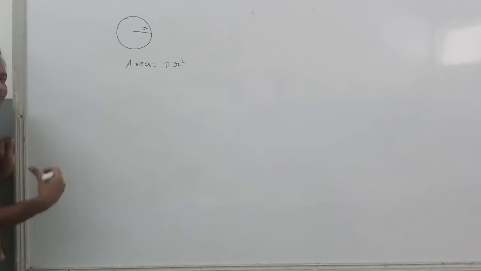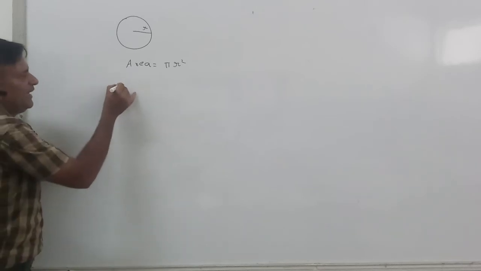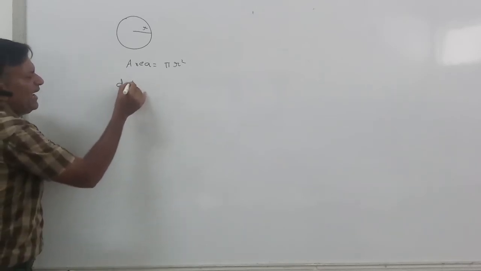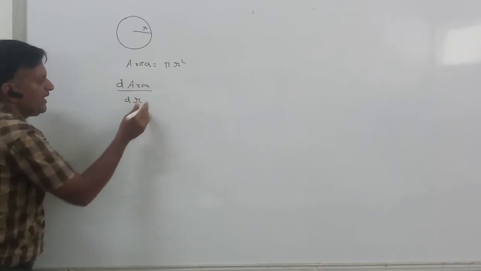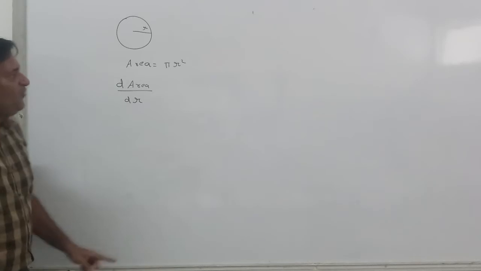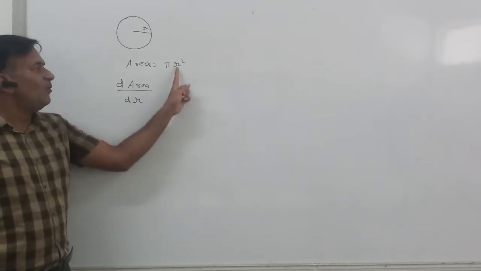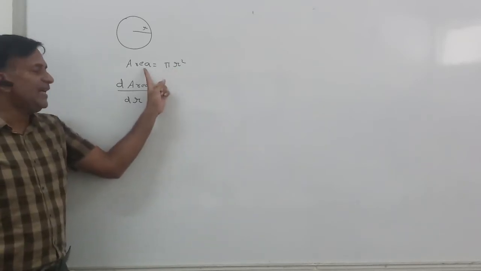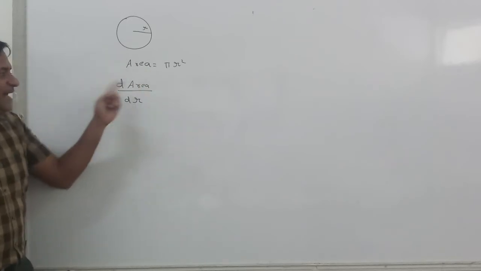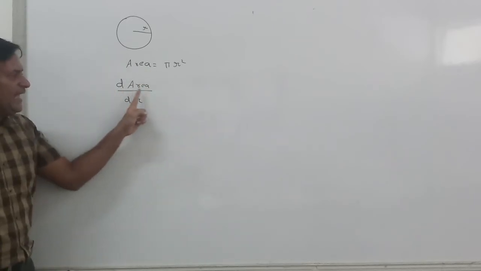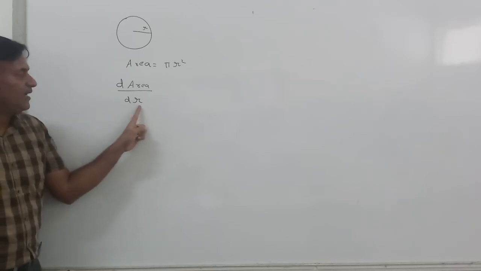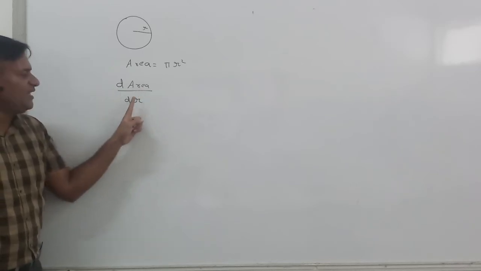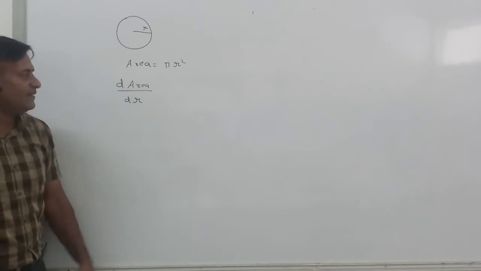And now the question given to me is, if the radius is changing by a small amount, what will be the change in area? How do we write it? We write it like this: change in area with respect to change in radius. Again, change in area with respect to change in radius.